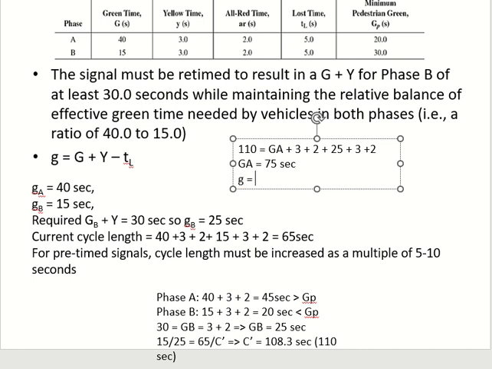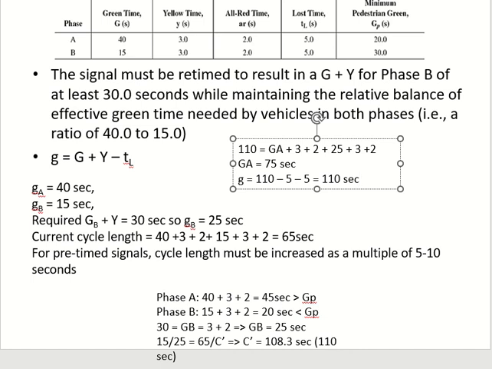Cycle length minus lost time of all phases. So I have 5 seconds for phase A, 5 seconds for phase B. So this is 100 seconds, right?